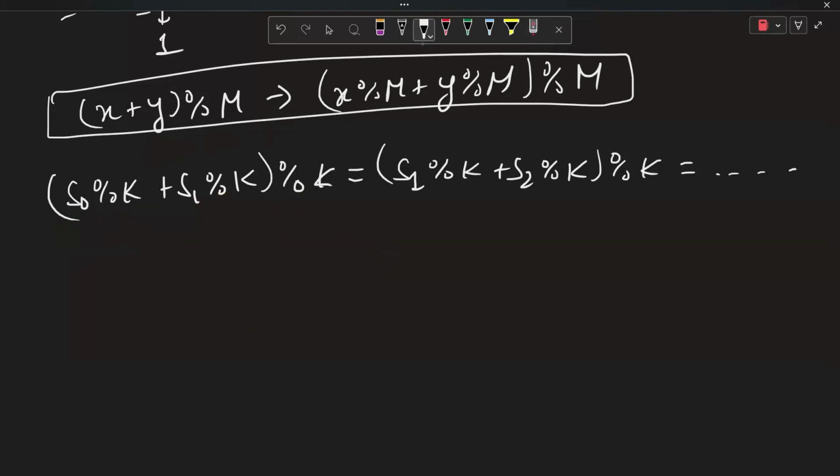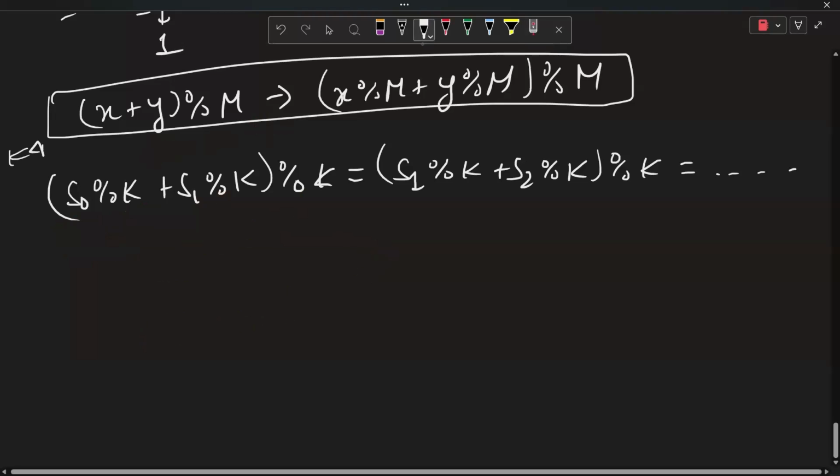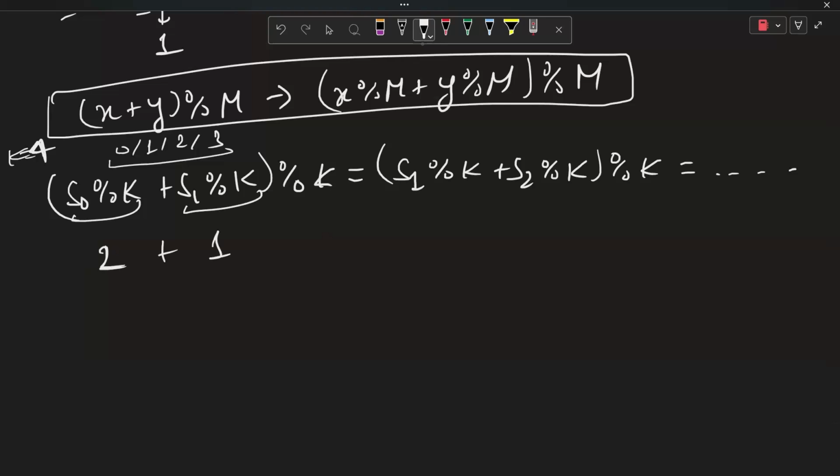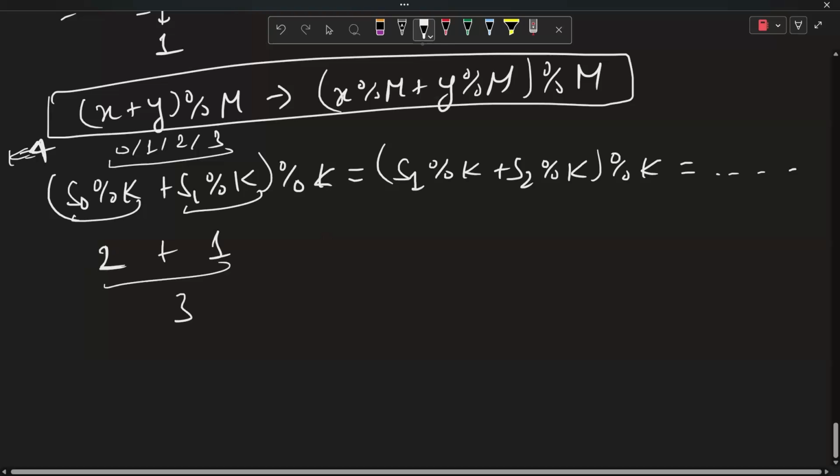Let's say k is 4. After doing S0 mod k, you can get 0 or 1 or 2 or 3. Among these four values only, you would get. So let's say you get a 2 here, and then S1 mod k you got a 1 here. If you got a 2 and a 1, then this sum would be 3.